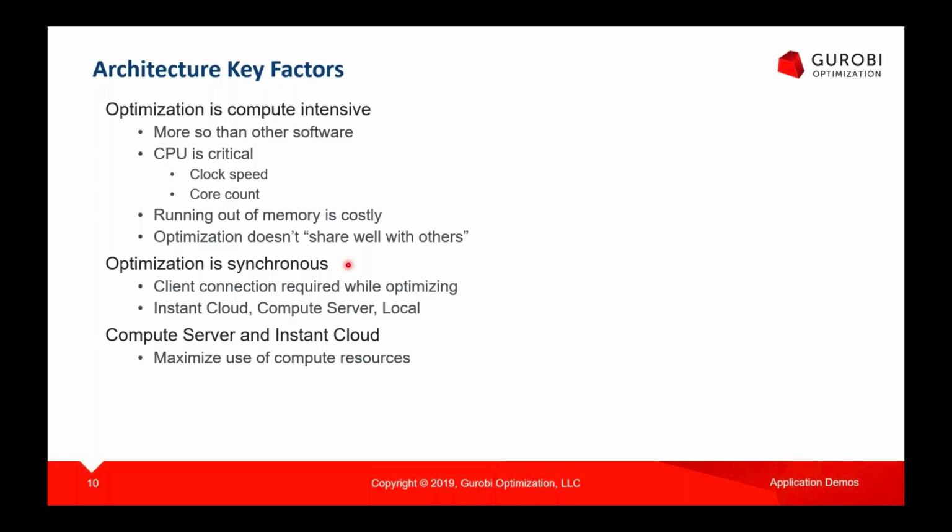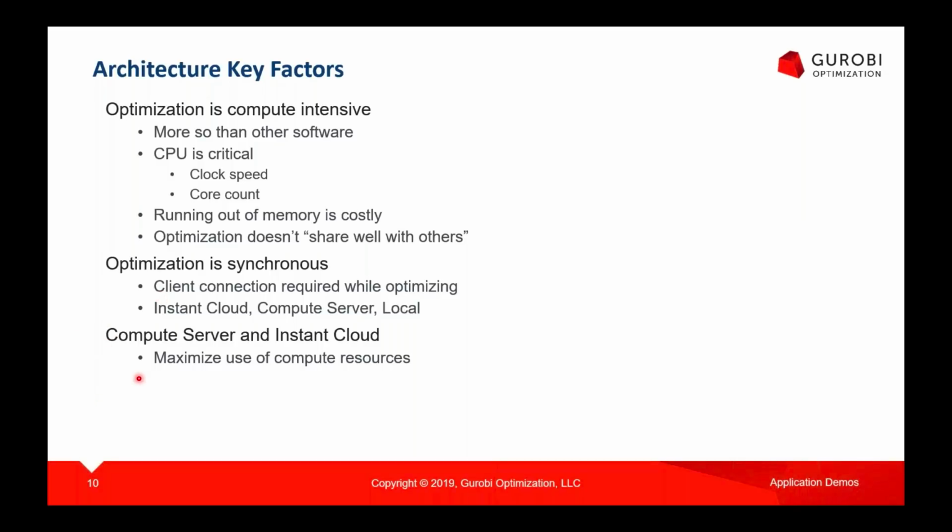So whatever code I'm using, and this can be in a local application on my desktop, it can be a compute server, I'm talking to the compute server, I'm talking to a cloud machine way across the internet somewhere. When I call optimize in an interactive session or in my code, that blocks. It doesn't return until the optimizer is done. So this is a key factor in the architecture you're going to see.